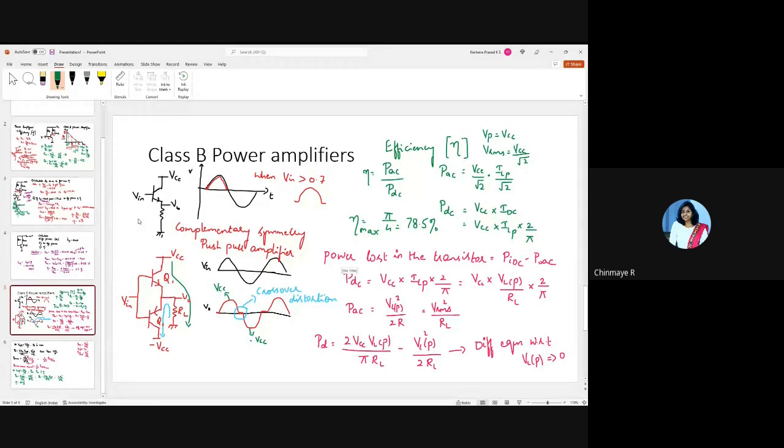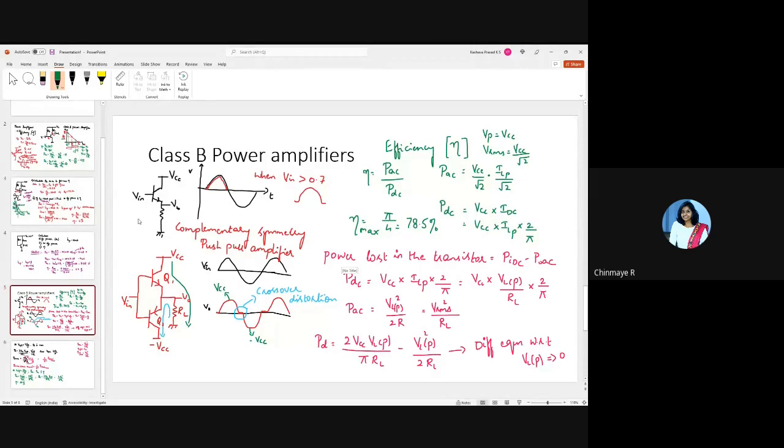And therefore, we use both NPN and PNP transistors here. One helps the output follow the input during the positive half cycle, and the other helps the output follow the input during the negative half cycle, right? During the period where the input lies between minus 0.7 and plus 0.7, this amplifier is off and therefore you get a crossover distortion.